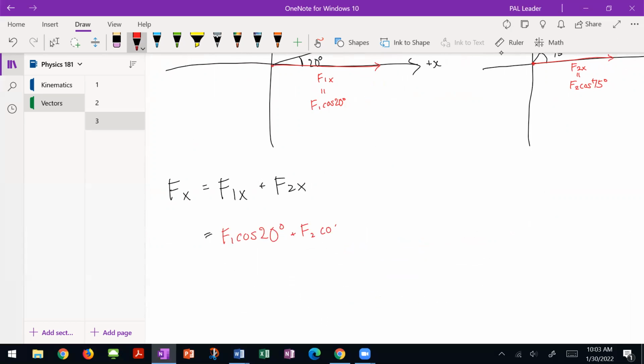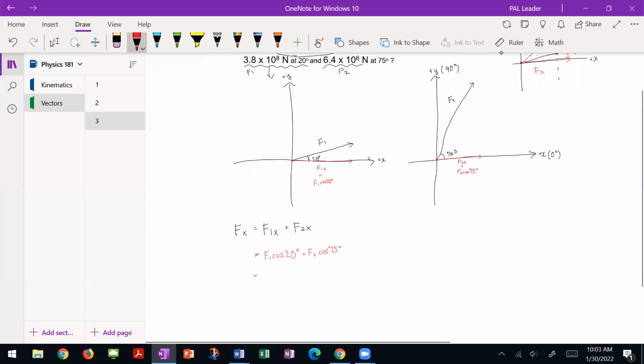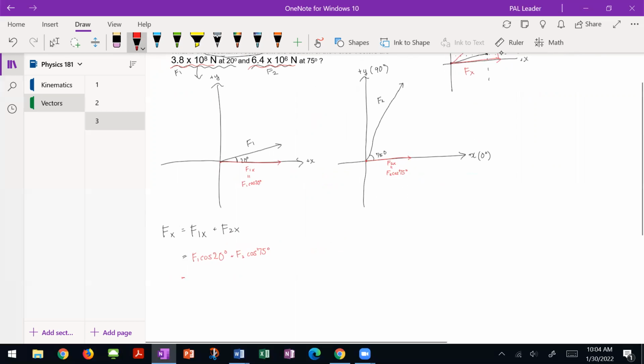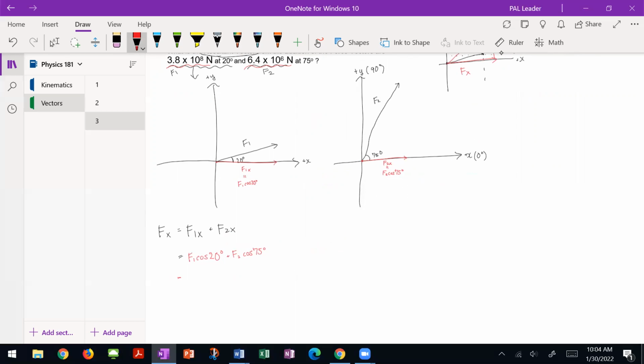F2 cosine 75 degrees. What was F1 again? F1 was this, and F2 is this. So I'm just going to write that down. F1, 3.8 times 10 to the power of 8 cosine 20 degrees plus F2 was 6.4 times 10 to the power of 6 cosine 75.